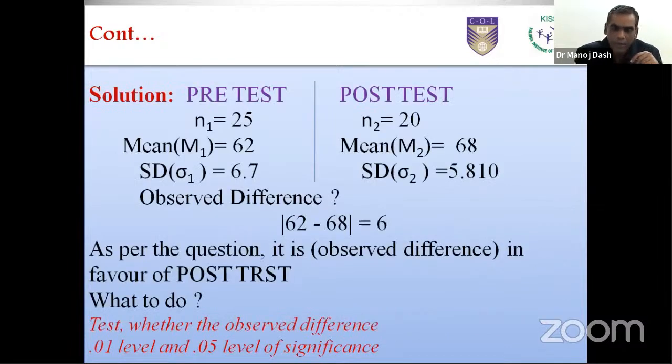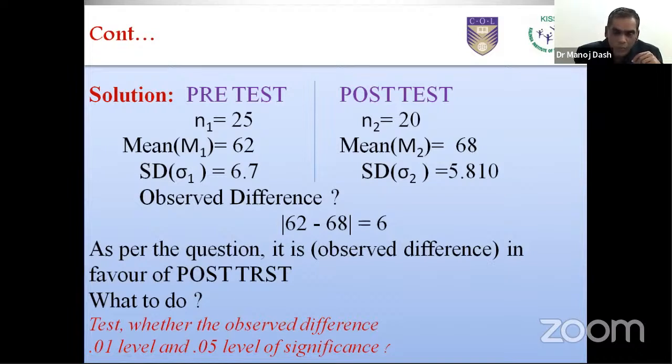Thereafter, a special intervention was given to the same group of students. Now, for the post-test, the number of samples who attended was 20, mean is 68, standard deviation is 5.8.